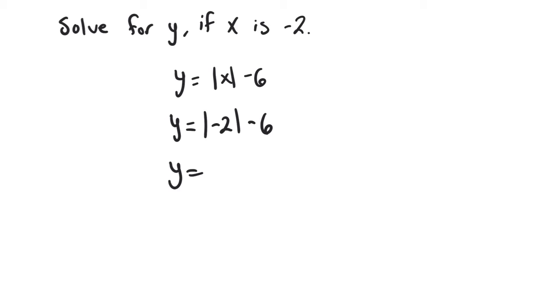Absolute value is always positive. Absolute value of the number 50 would be 50. Absolute value of -50 would also be 50. So if you just simply have a negative number, you drop that negative is all you're going to do. So we're going to have 2 minus 6. So the answer is -4.